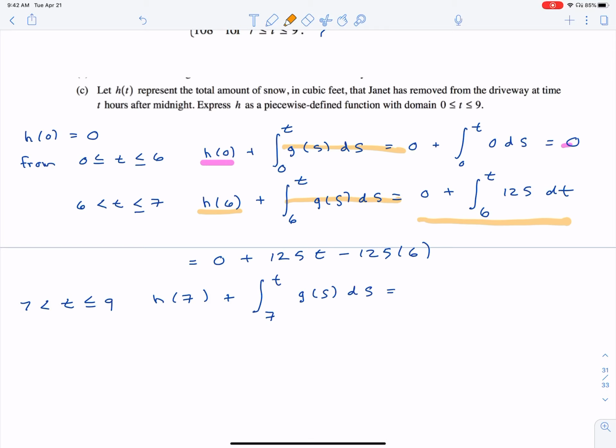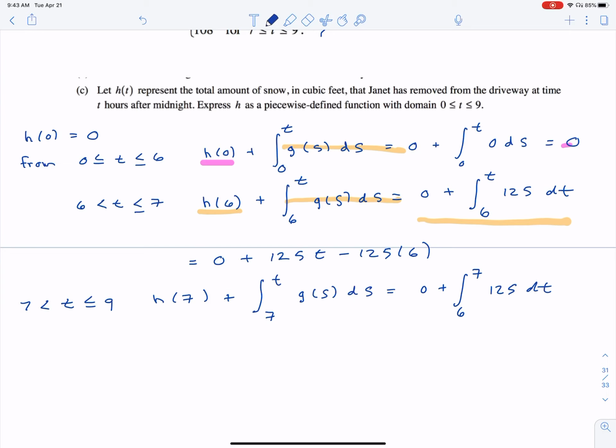Actually, we could go through and do it. I'm going to take that function, so it's going to be equal to 0 plus the integral from 6 to 7 of 125 dt. But then what am I going to do to that?